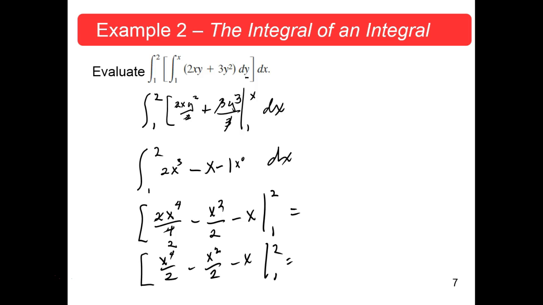Now we're going to evaluate this from 1 to 2. But we plug in the 2 first, and what would that give us? You're plugging in for x. This is x equal 2 to x equal 1, right? Remember how to do definite integrals. So 2 to the 4th is?